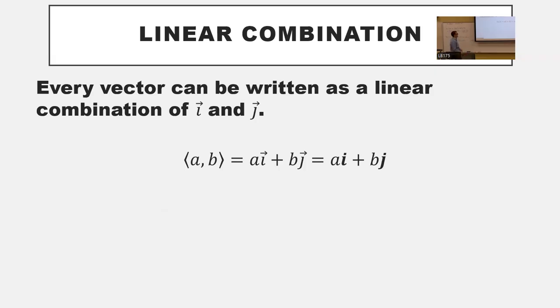The vector A, B can be written as A times i plus B times j. Do we understand why that is? Think about that for a second.